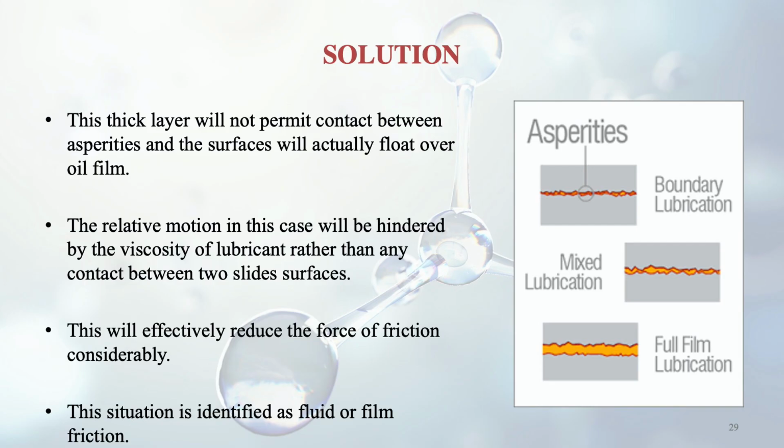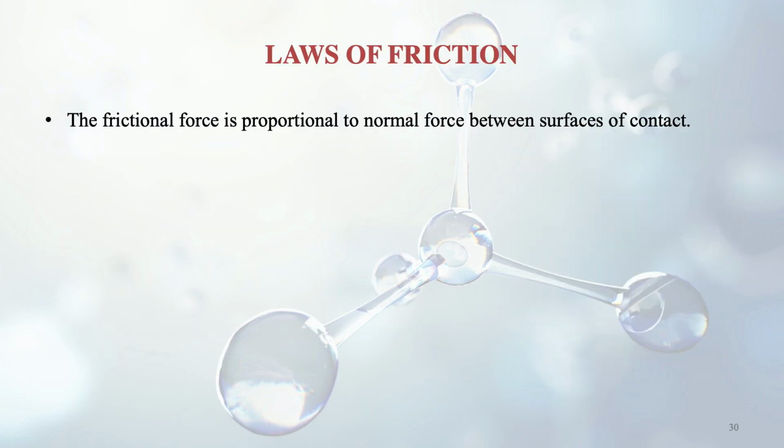So when we were discussing friction, let's know about the laws of friction also. Frictional force is said to be proportional to the normal force between the surfaces of contact. Suppose there are two surfaces which are in contact with each other. Now the force which will be acting perpendicular to the surfaces is known as the normal force, and to this normal force the frictional force is proportional, meaning it is directly dependent.